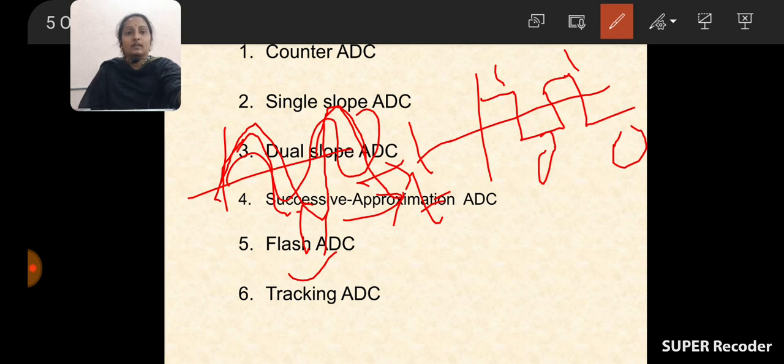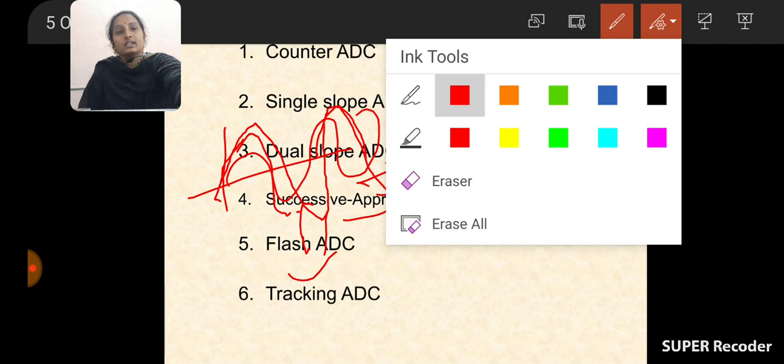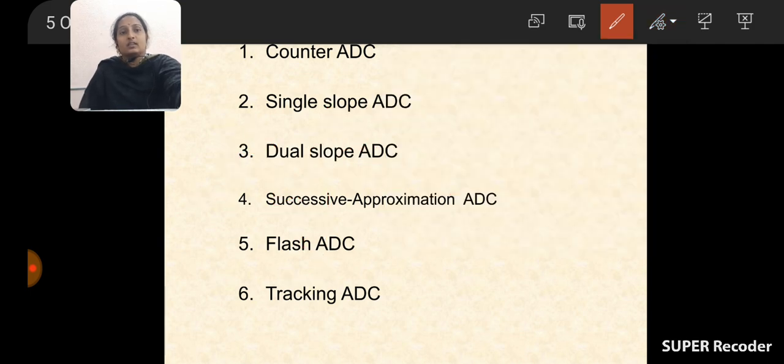And see here, while coming to the types of analog to digital converter, 6 types are there: counter A to D converter, single slope A to D converter, dual slope A to D converter, successive approximation A to D converter, flash A to D converter, and tracking A to D converter.